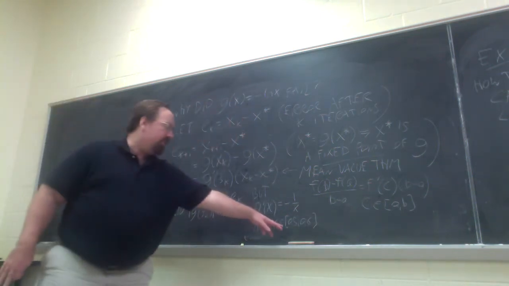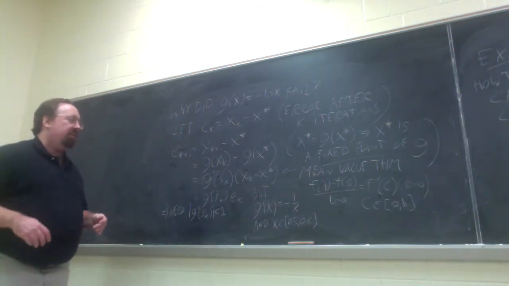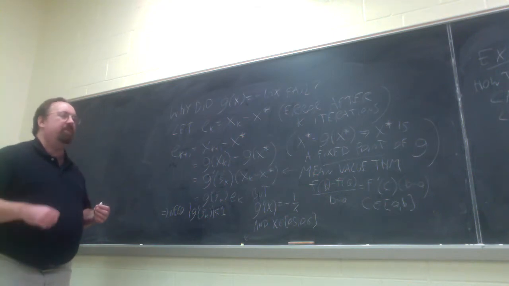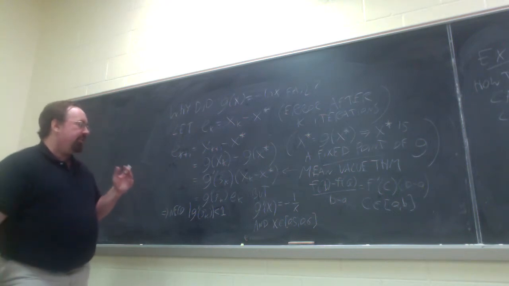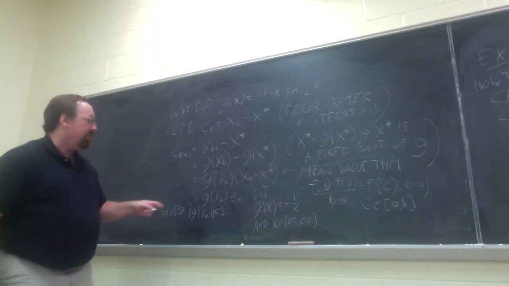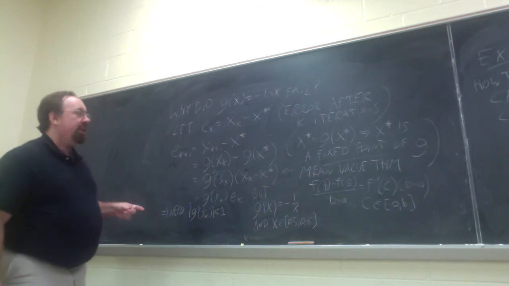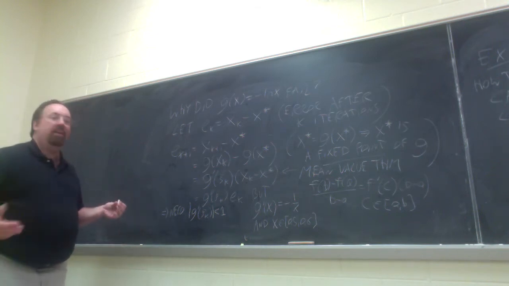You plug in anything from this interval into here, you're going to get something that is near minus 2. So, sort of between minus 2 and minus 1.666 repeating. So, as a result, the derivative is greater than 1 in absolute value. The error is increasing from one iteration to the next. So that is why the iteration fails in this case.